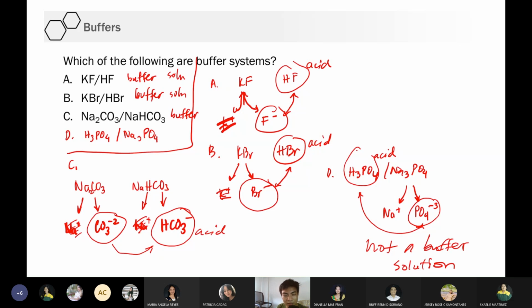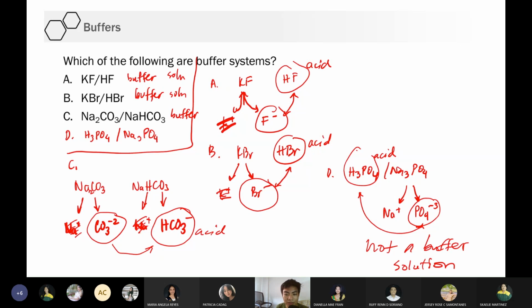Basta may relationship silang dalawa, you can create buffers out of them. Okay? Ang kailangan mo lang tignan is if sila ba ay conjugate acid-base pair talaga. Pag sila ay pair, then pwede ka makagawa ng buffer. However, pag hindi sila pair, hindi ka makagawa ng buffer doon kahit anong gawin mo.